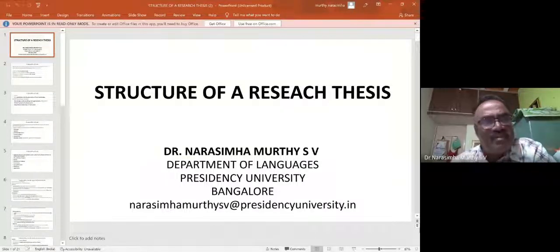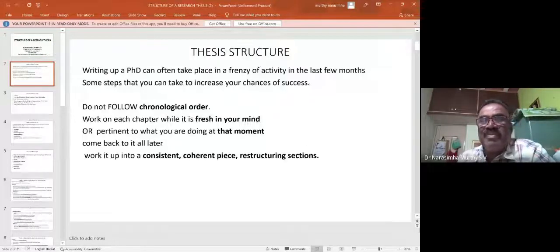Sometimes I have seen students, researchers collecting material to the extent of 500 pages, 600 pages. And then it becomes a monotonous, frenzy activity during the last few months.